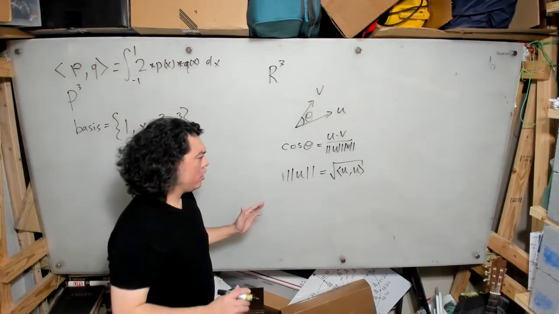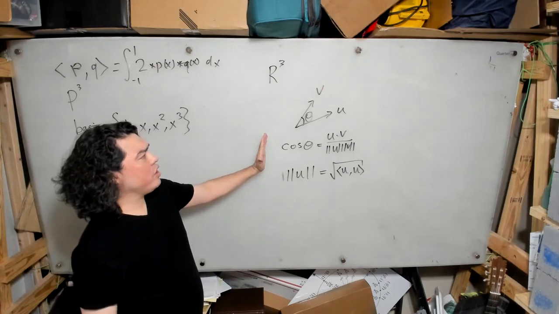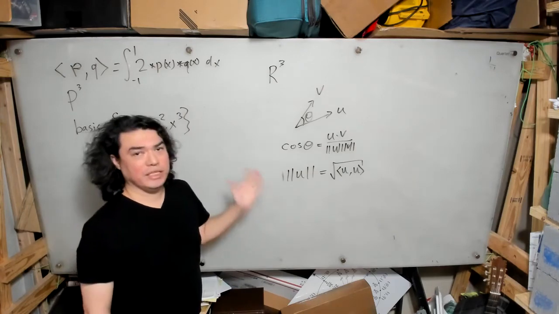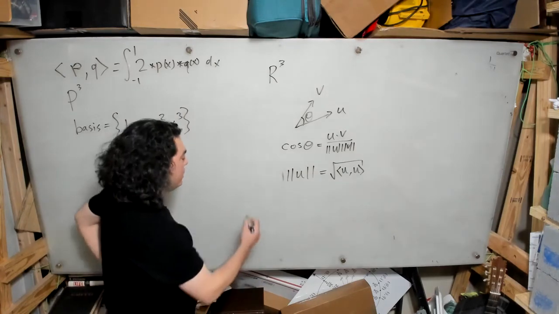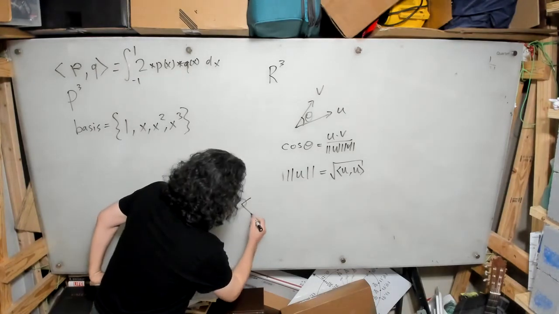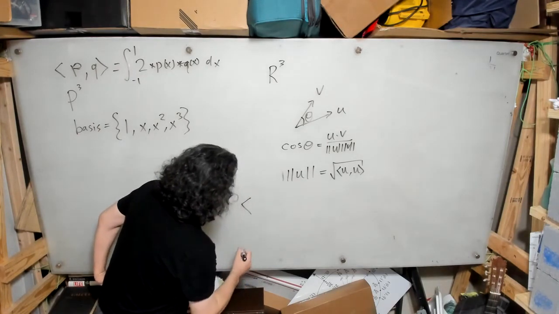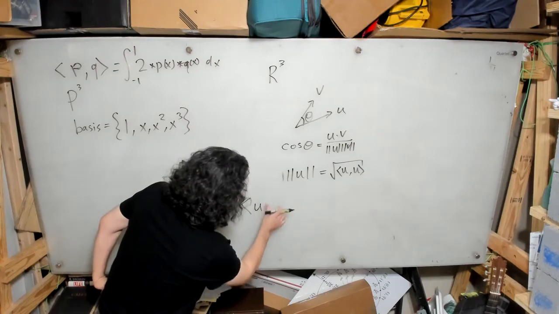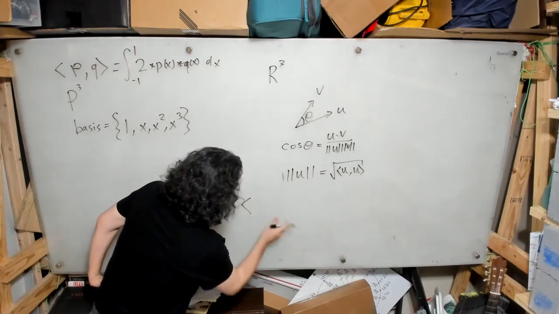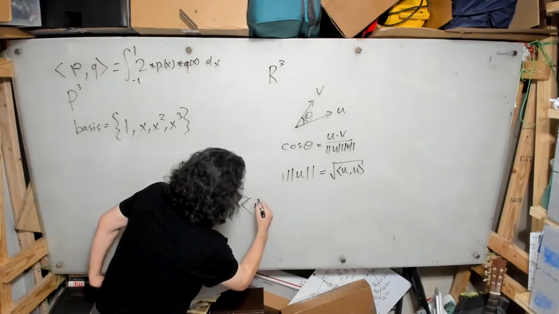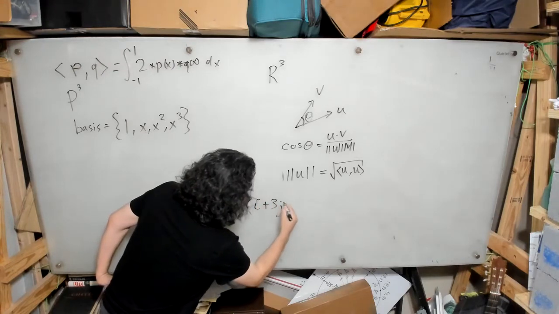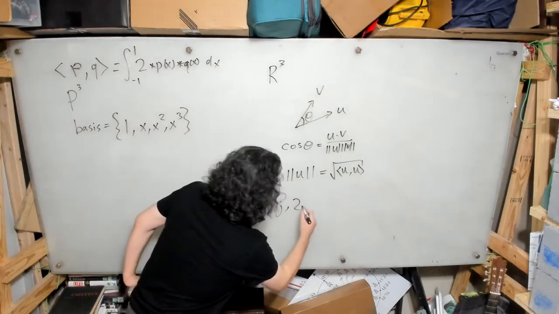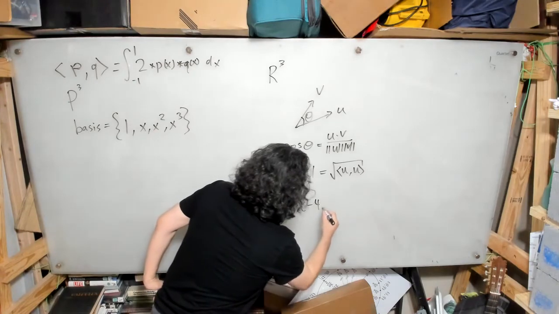Of course, I could ask you to calculate the dot product of this, and it would be easy. Let me write this explicitly. Let's say I have i plus 3j, and 2i minus 4j.